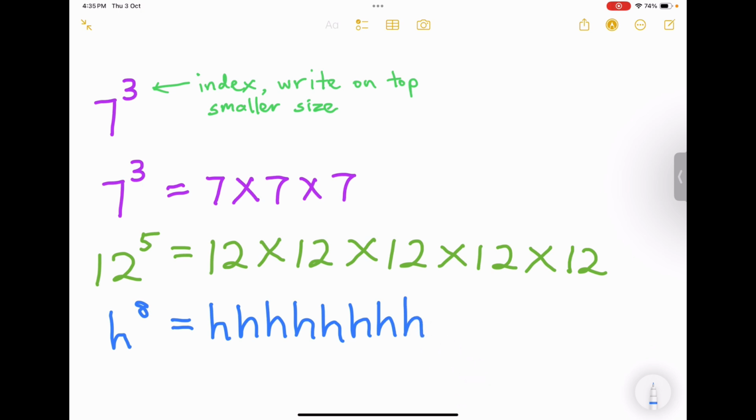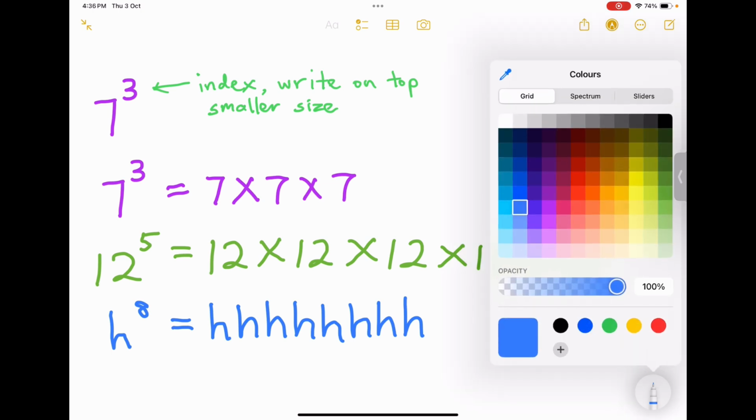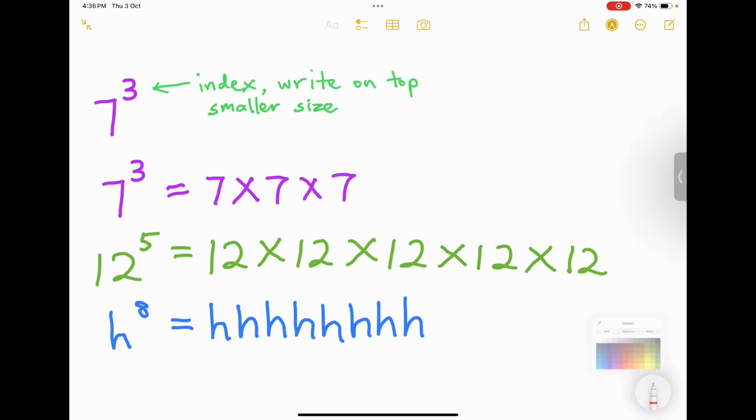Because we are using algebra, we don't need to write the multiplication sign. One final example. E to the power 4. E is the base, 4 is the index. That means E will appear 4 times.